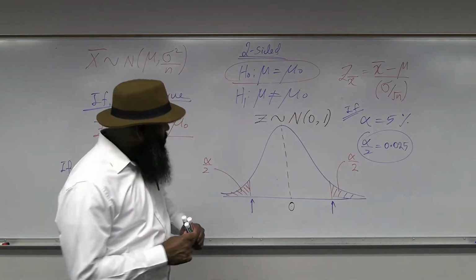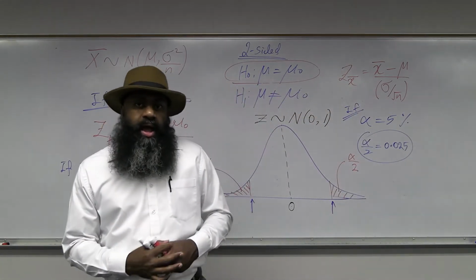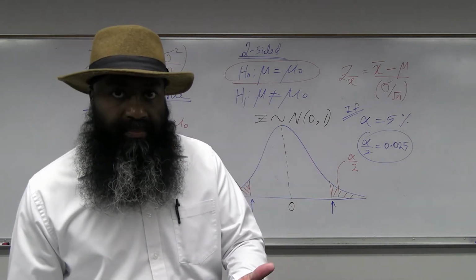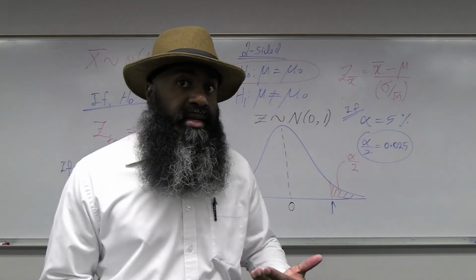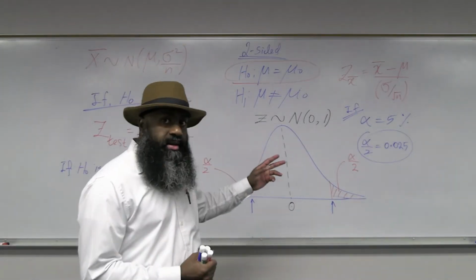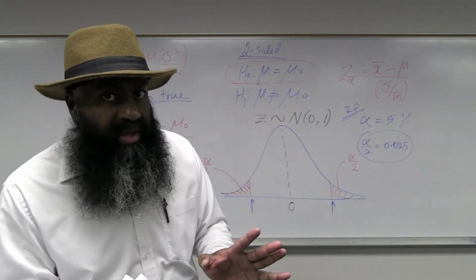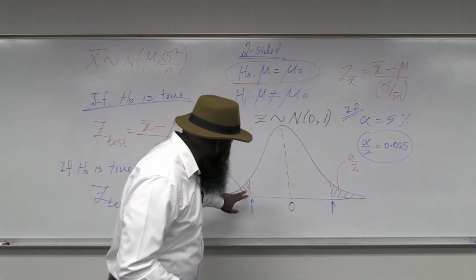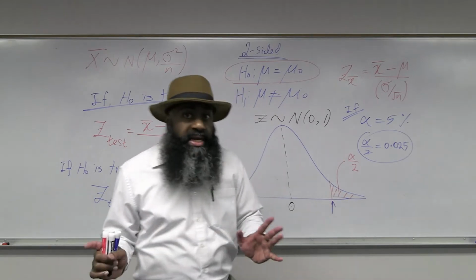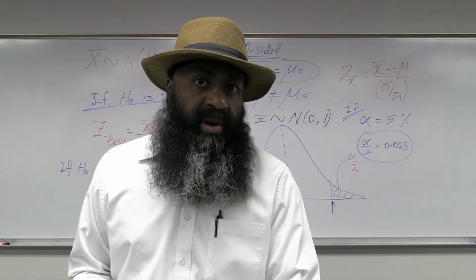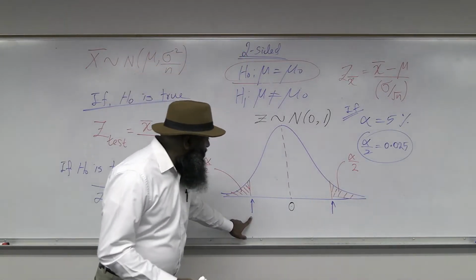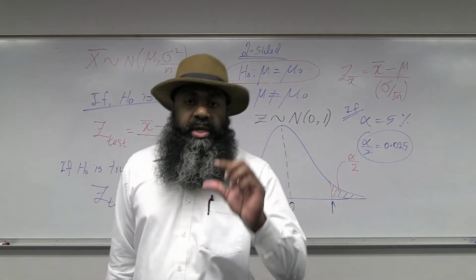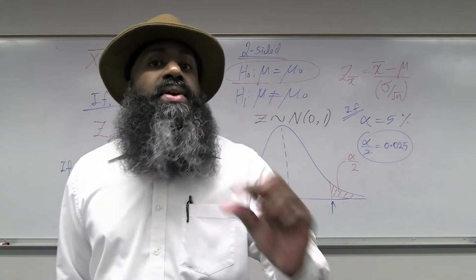To find these 2 points, I have to go to distributions in the TI-84 CE Plus calculator and then select what? It's not normal CDF because we are not finding probabilities. In this case, the shaded areas are given to us. The probabilities are given to us. What we need is this value and that value. Therefore, go to distributions and select number 3, inverse normal.